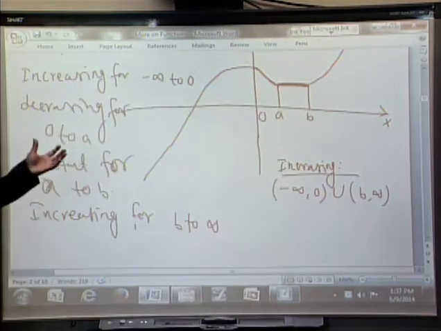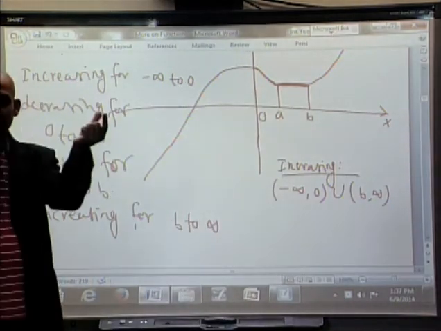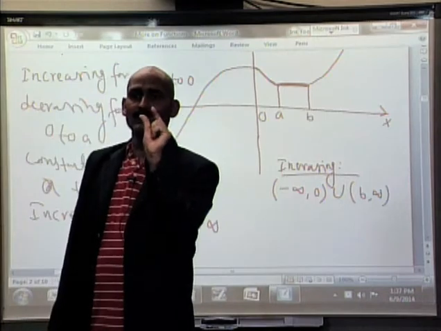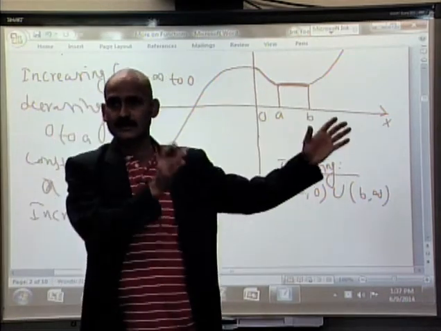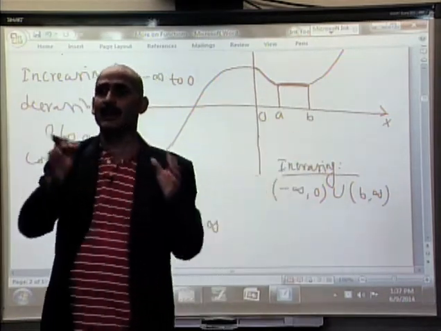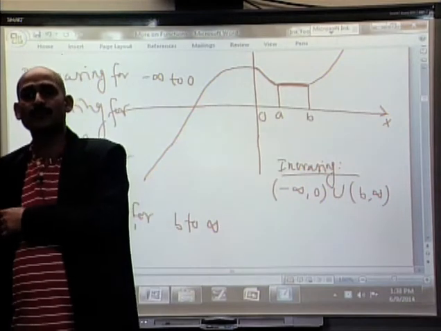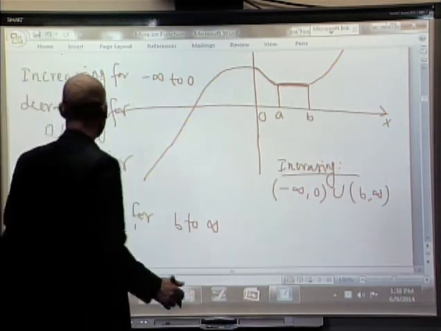That union symbol is the mathematical symbol that represents it is increasing from negative infinity to 0 and again increasing from b to positive infinity.